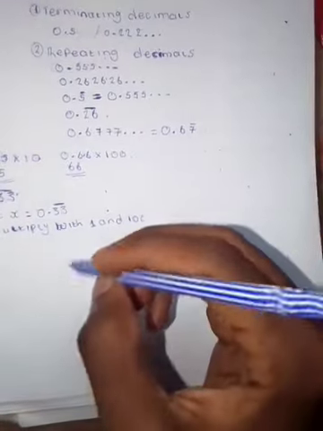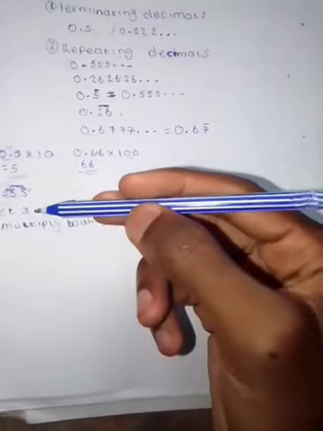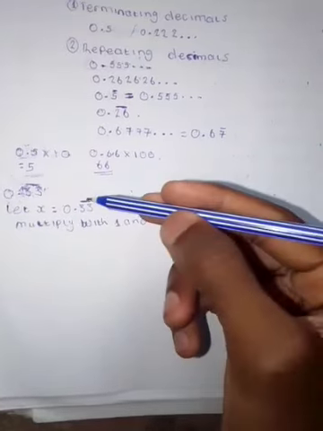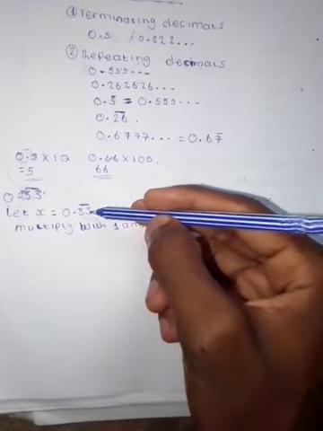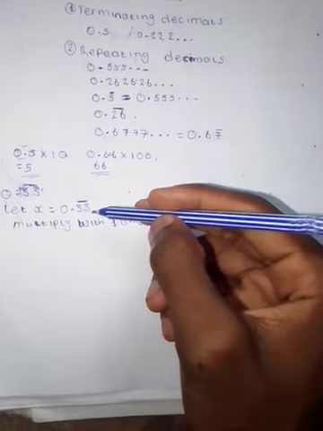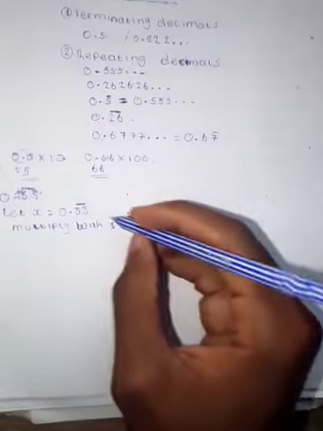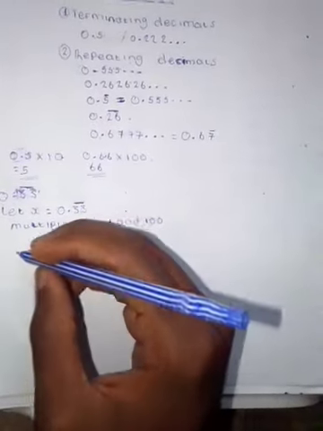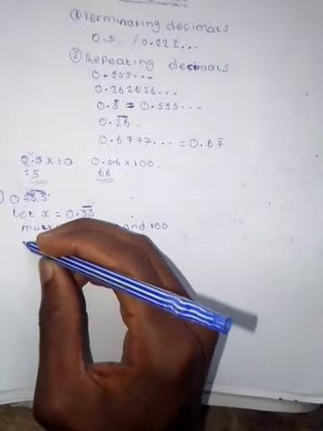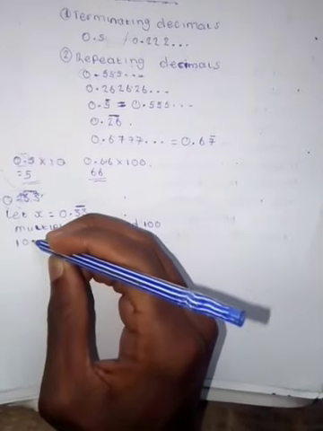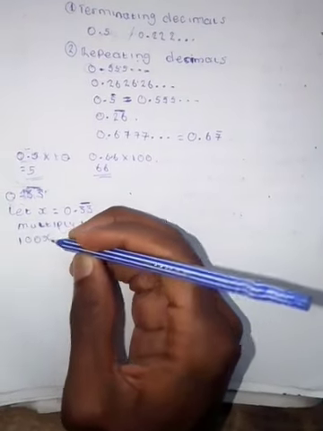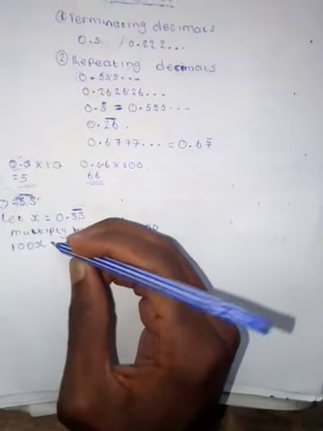So at first I said we begin by multiplying with the one that is going to remove these numbers that are behind the decimal point, right? So at first we are going to multiply with 100 throughout, which is going to give us 100x.